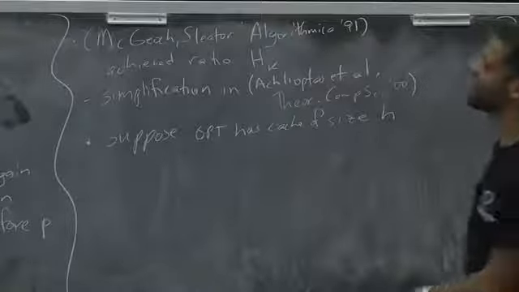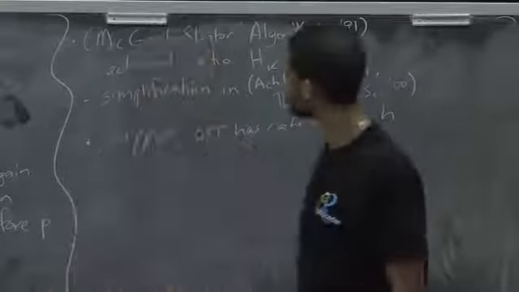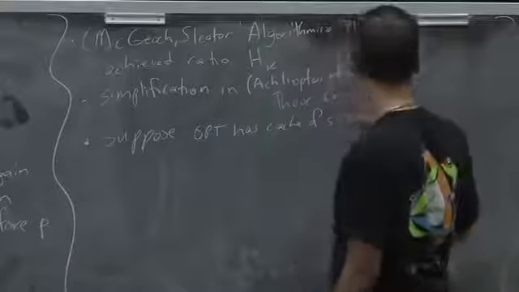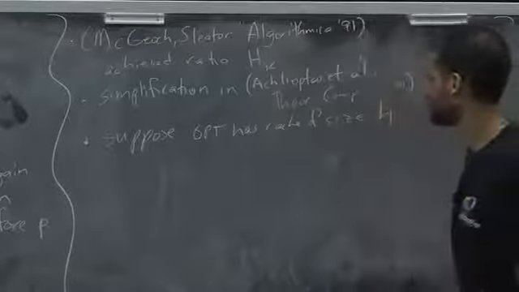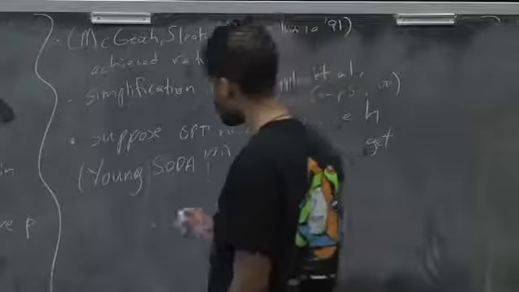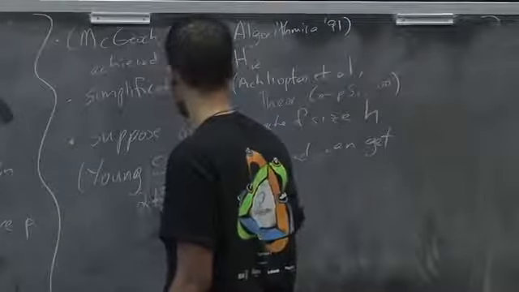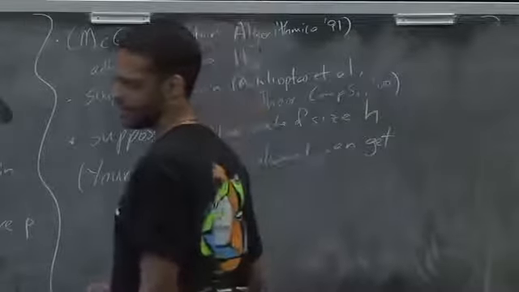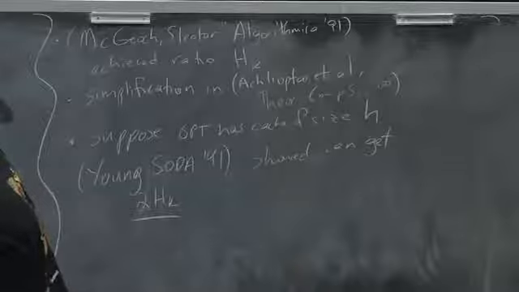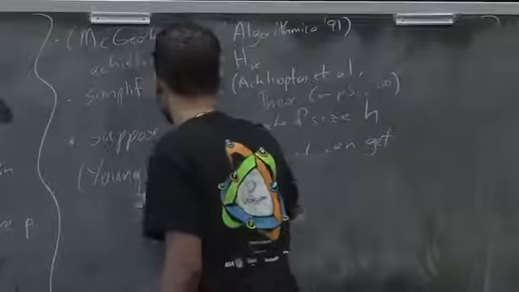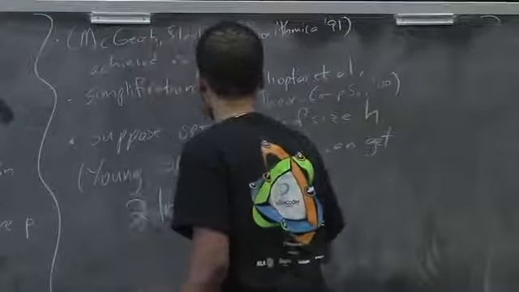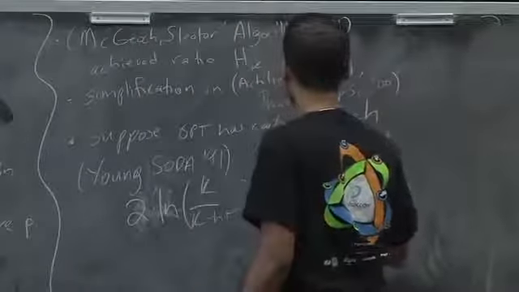So you could ask the same thing for the randomized setting. If opt has a cache of size h, then Neal Young in SODA '91, I believe, showed you can get 2 times ln of k over k minus h plus 1 competitive.